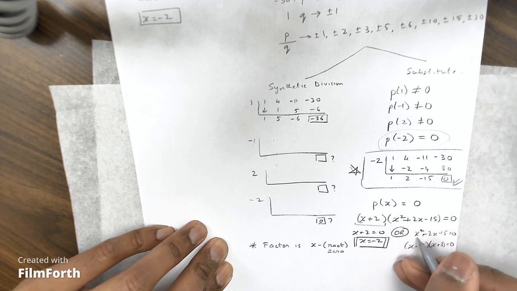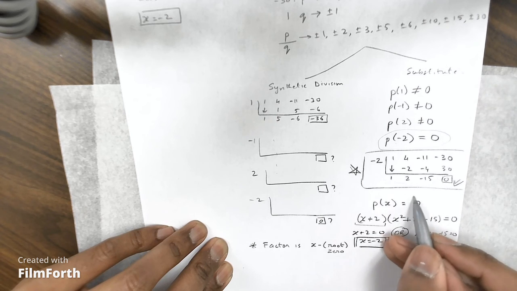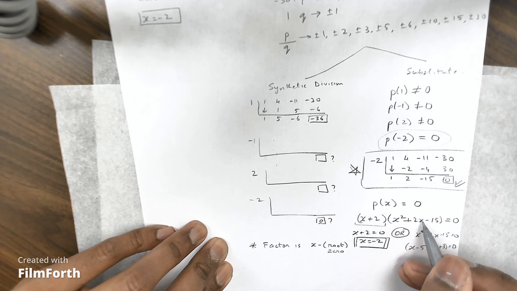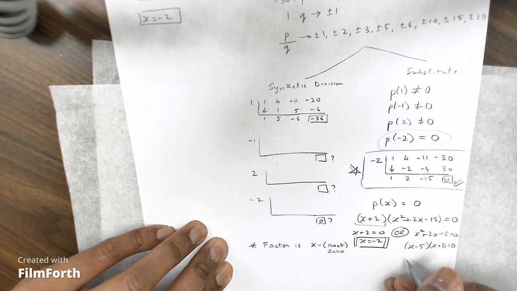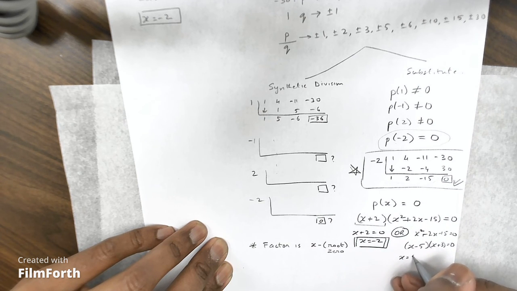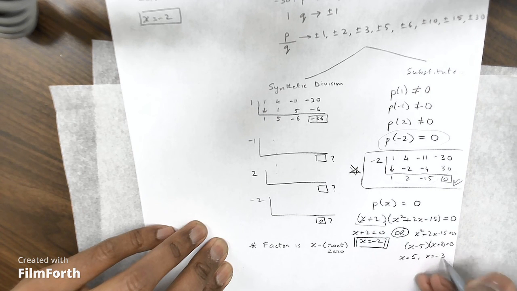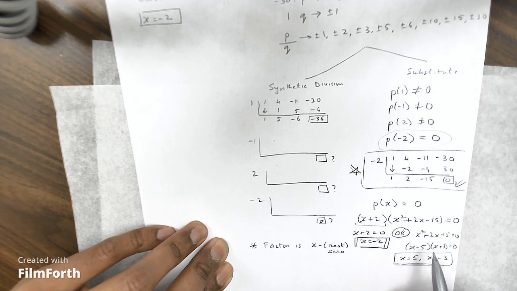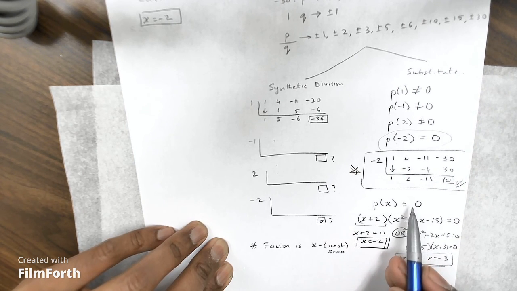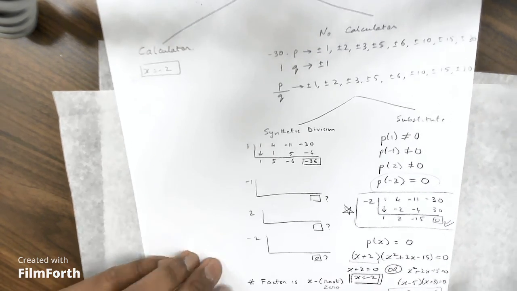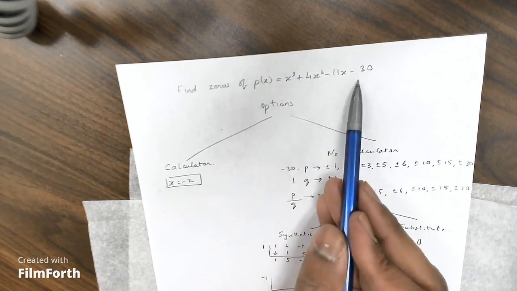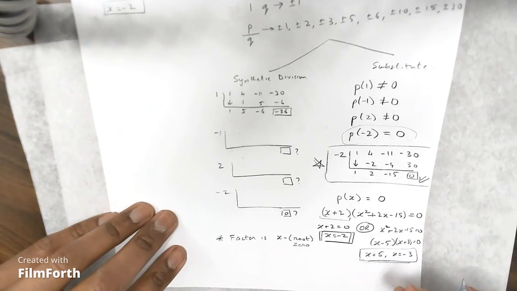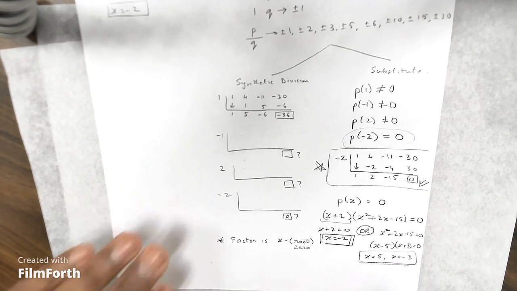Either x is 5 or x is negative 3. So I got three values of x that make this statement true. Ultimately I want to know what will give me p of x equals 0. So we got negative 2, 5, and negative 3.